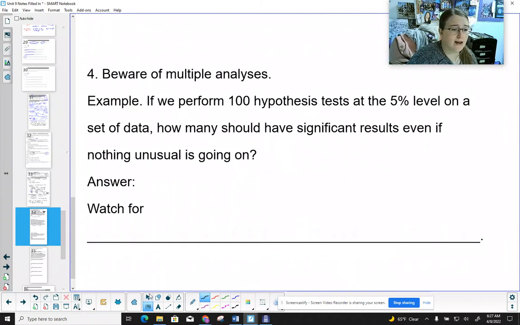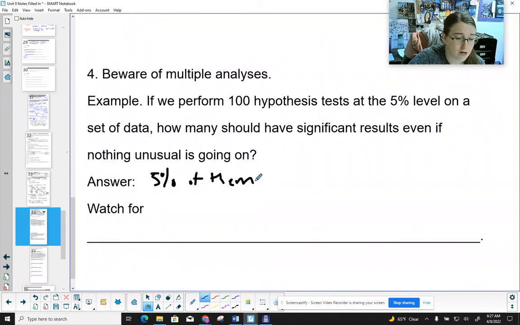Again, on an FRQ, they might ask certain questions about this. If we perform 100 hypothesis tests at the 5% level on a set of data, how many should have significant results even if nothing unusual is going on? What this means is, and we're going to actually learn about this, the answer is 5% of them should get significant results, so meaning 5 tests.